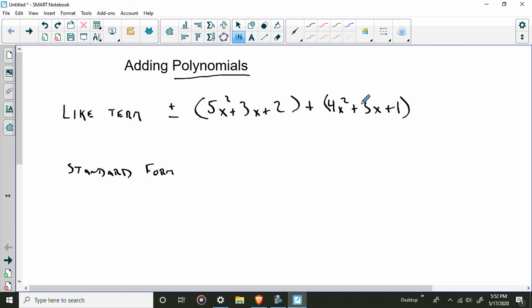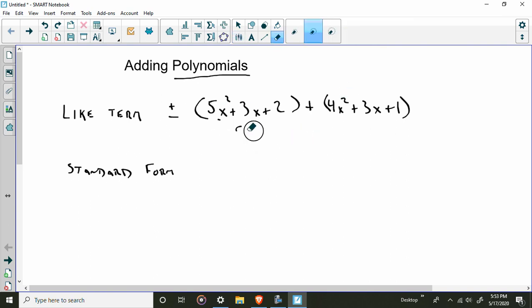If I asked what's 5x squared and 4x squared, you're allowed to combine those two things, because you're not breaking the order of operations by combining like terms. 5x squared plus 4x squared is the same as 9 times x squared. 3x and another 3x is 6x, and a 2 and a 1 is 3. These are like terms. They have the same variable and the same exponent.